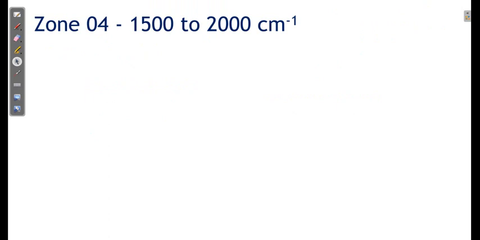Zone 4 starts from 1500 to 2000 centimeter inverse. This is very interesting for carbon sp2, carbon sp2, or any other elements with a double bond, whether carbon, oxygen, or nitrogen, whatever it may be.